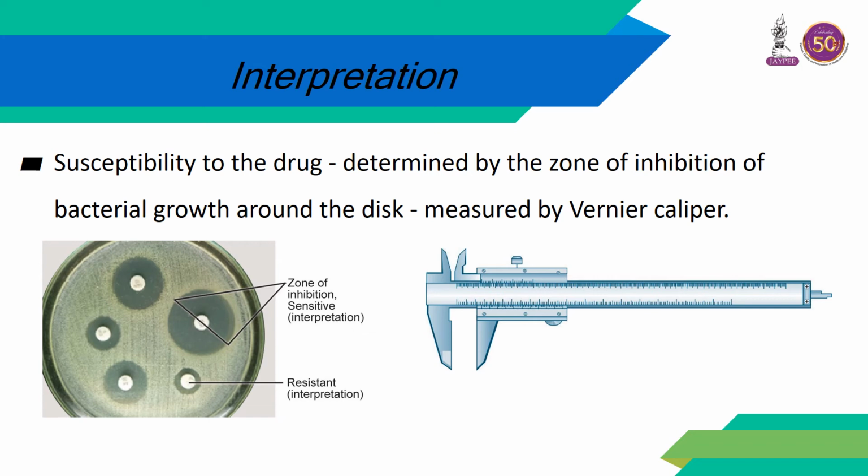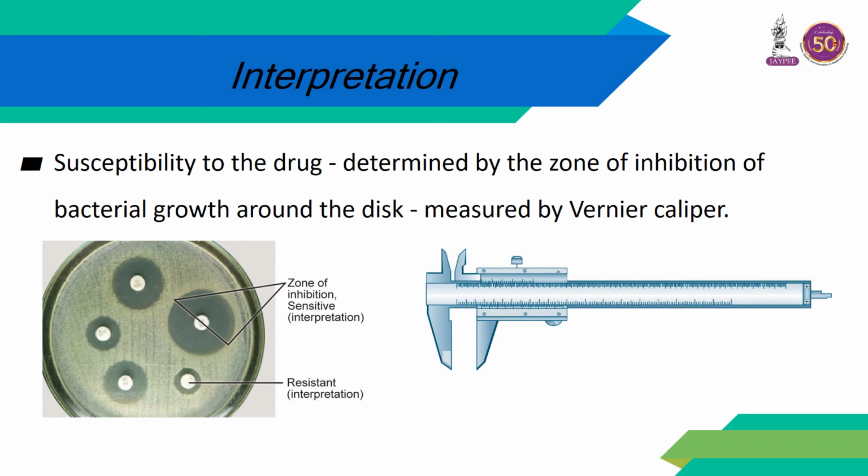These drugs are of 6 mm size, and around each drug we can see a zone of various diameter. This zone is called the zone of inhibition, and based on this we can find out whether the organism is susceptible or resistant towards a drug.